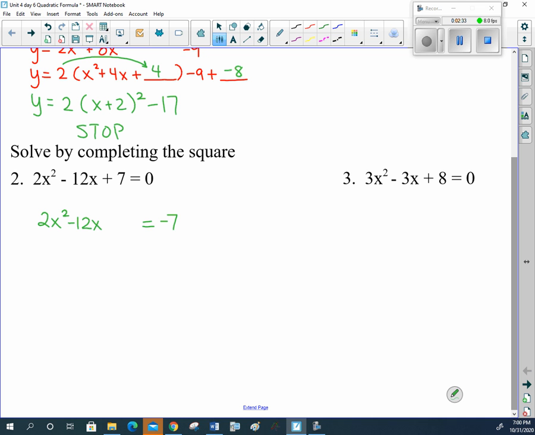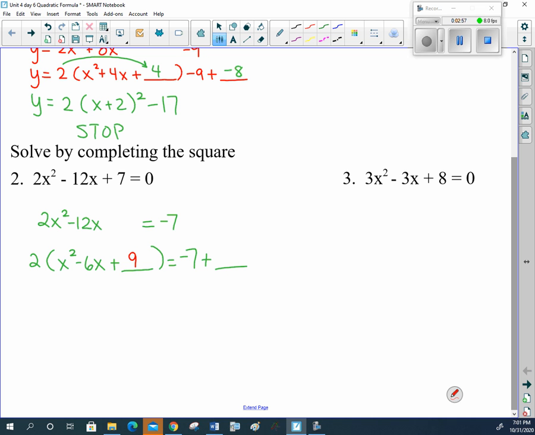Okay, now we're going to fix this problem of the x squared. It needs to be a 1x squared. So I'm going to factor out a 2. And then I'm going to figure out what c has to be to create a perfect square. Because remember, we're trying to get that binomial squared, and we want a perfect square trinomial. So we're going to take half of 6, which is 3, and square it, which is 9.